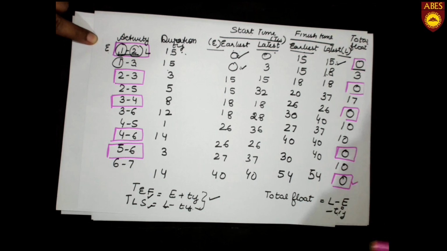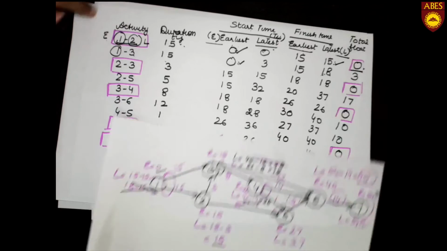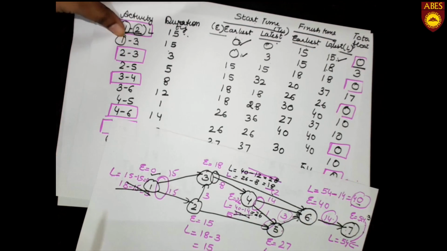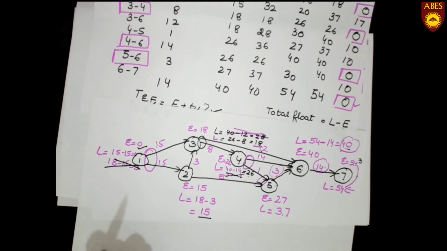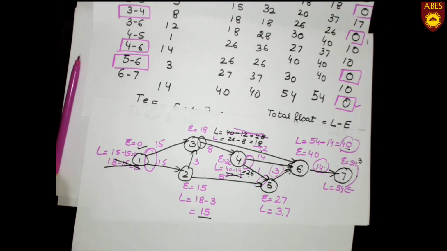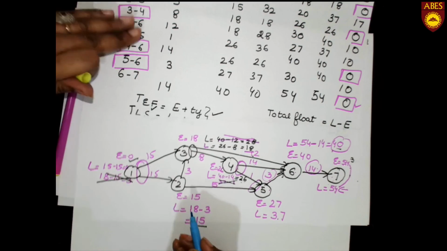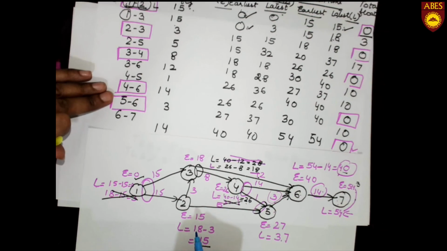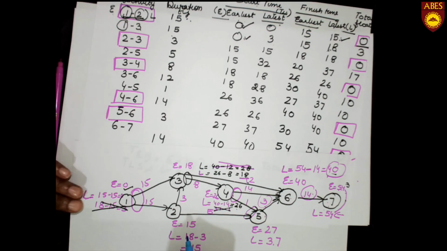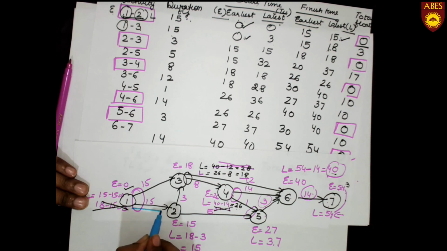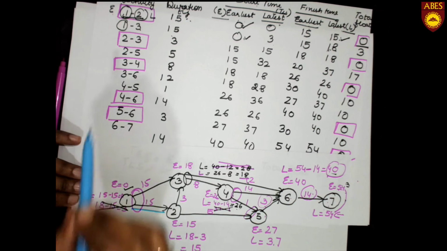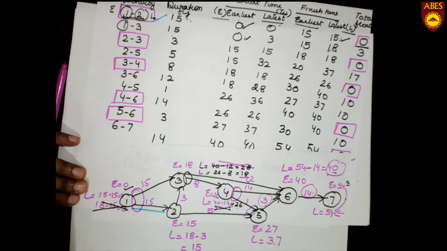So what I will do, let's take the previous network. I will take a different pen for it. You will see over here, is it visible? Now 1 to 2 is our critical activity.